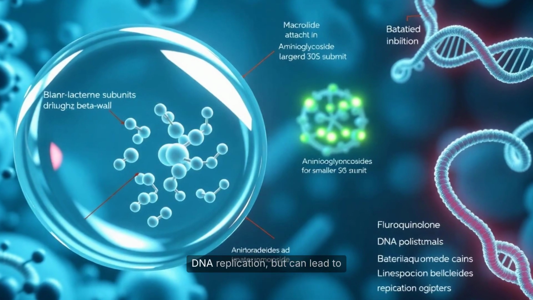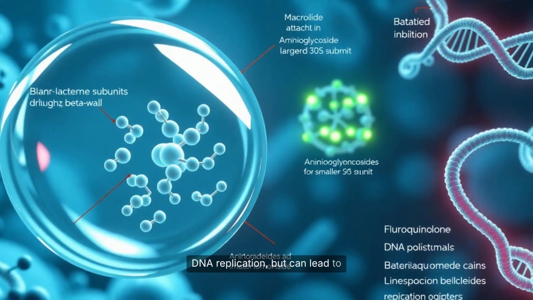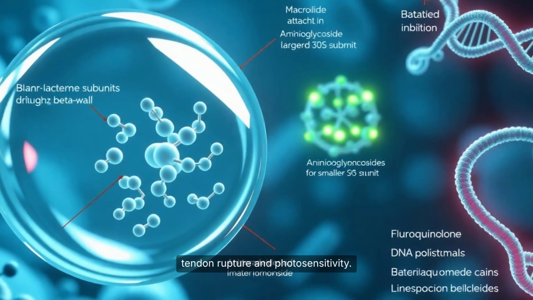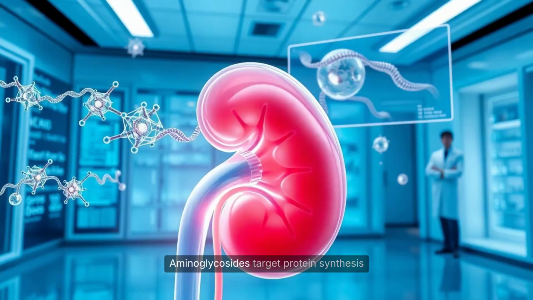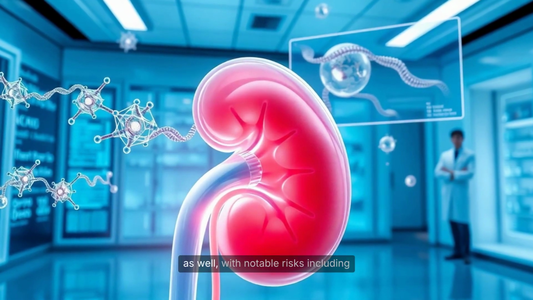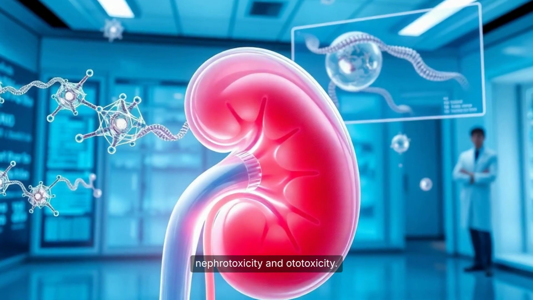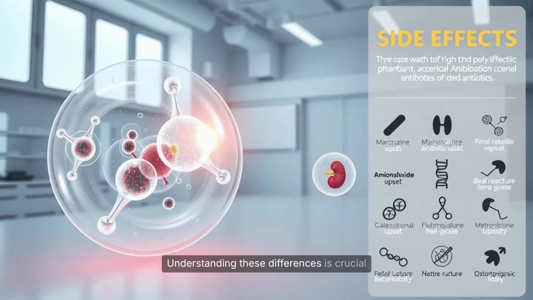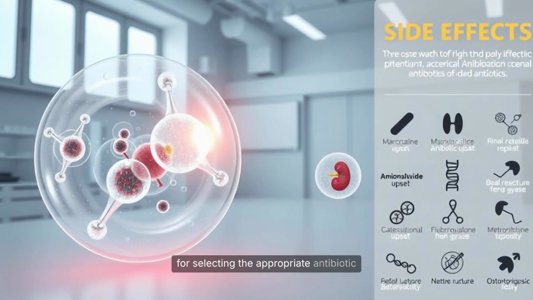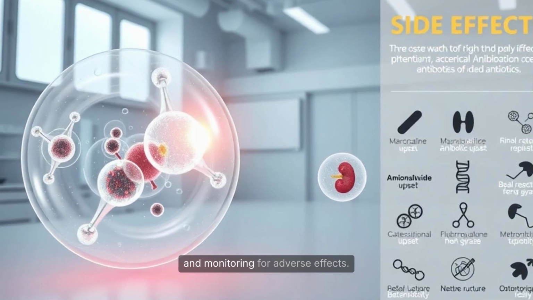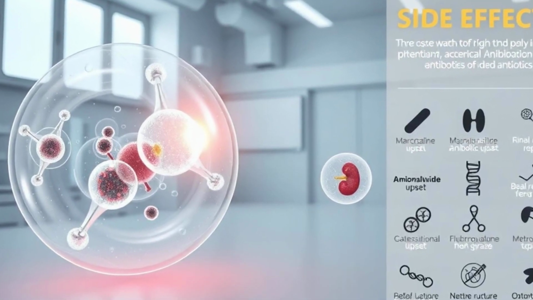Fluoroquinolones interfere with DNA replication, but can lead to tendon rupture and photosensitivity. Aminoglycosides target protein synthesis as well, with notable risks including nephrotoxicity and ototoxicity. Understanding these differences is crucial for selecting the appropriate antibiotic and monitoring for adverse effects.